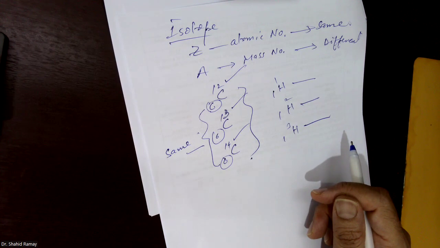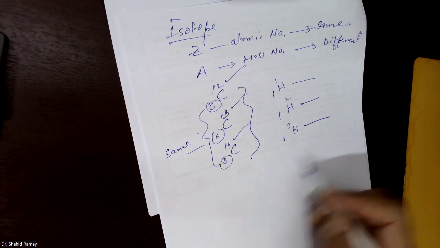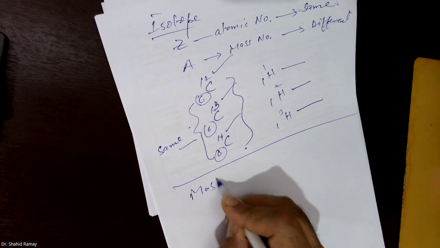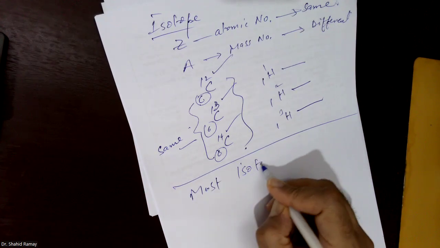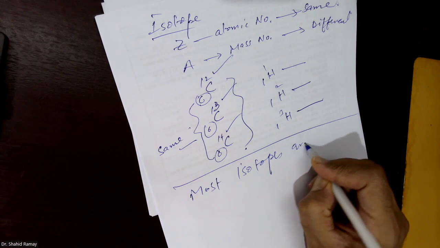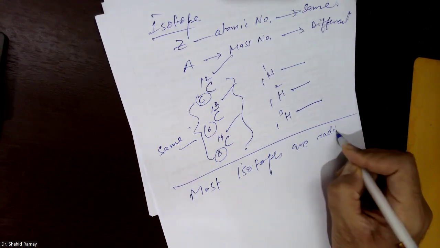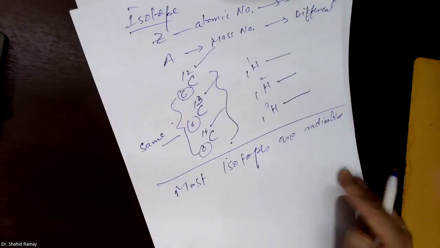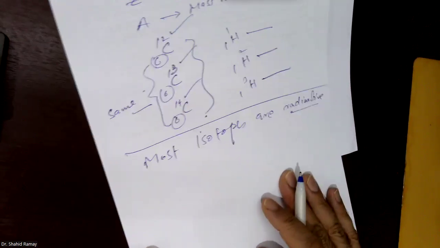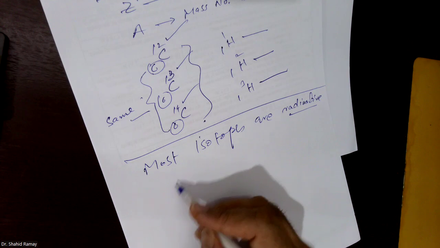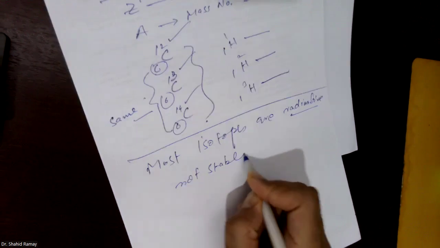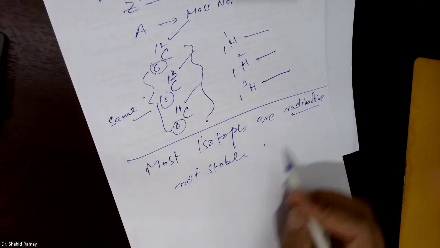Okay, after this. So you should remember that most isotopes are radioactive. So when we are saying these are radioactive, it means they are not stable, and will emit subatomic particles.